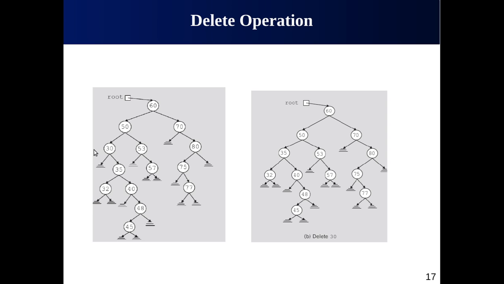Suppose we want to delete the node 30. You see, in this case, the node that we want to delete has a right child, and that is 35. The problem is that once you locate this node, if you delete it, then what is going to happen with the rest of this tree?